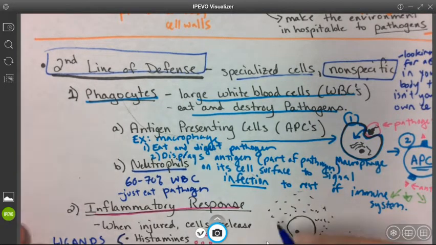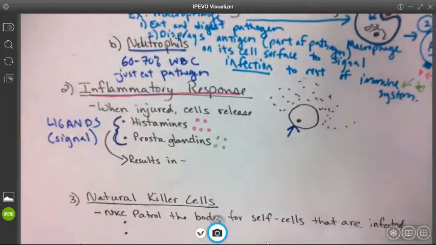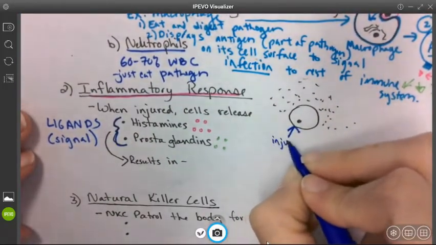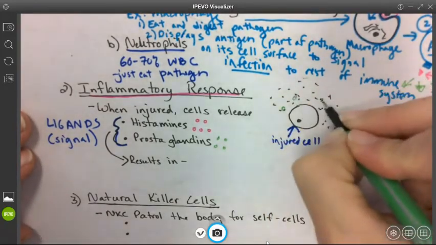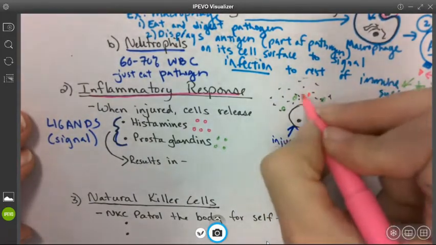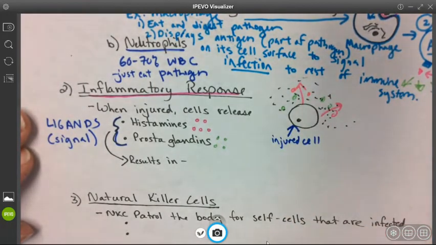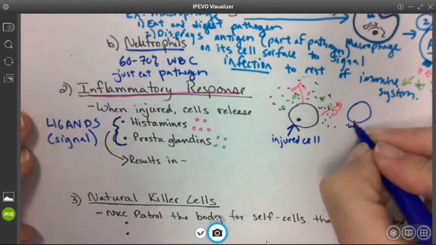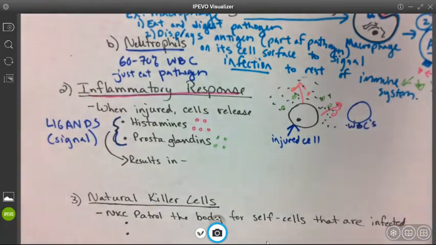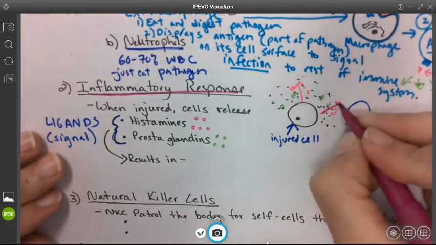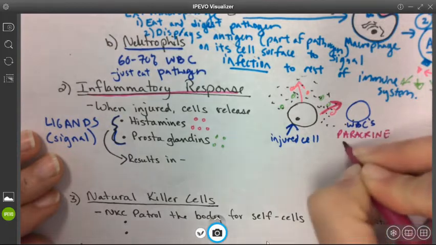Let's say this is the injured cell. This injured cell is going to release these prostaglandins and histamines, and they're going to travel out to other white blood cells to activate them. This is a really good example of paracrine signaling, short distance signaling.